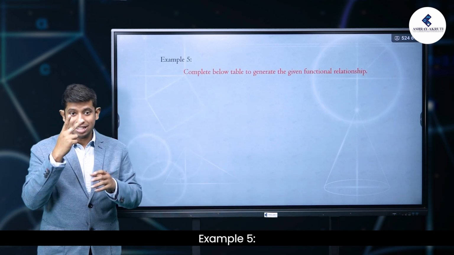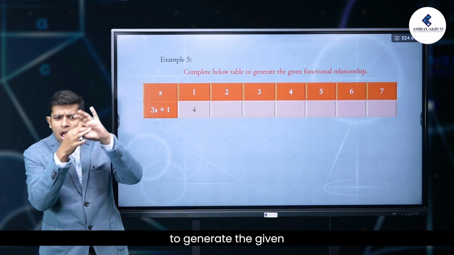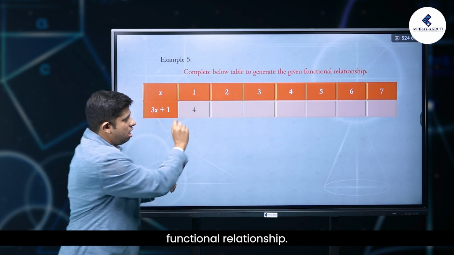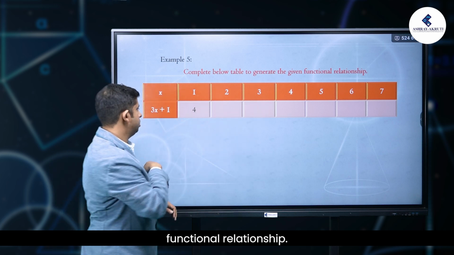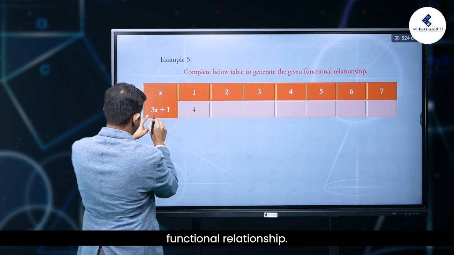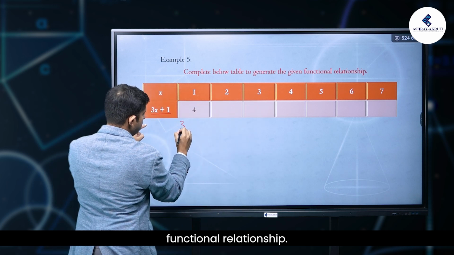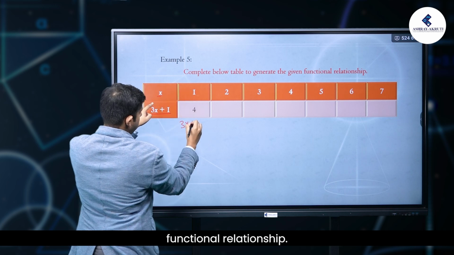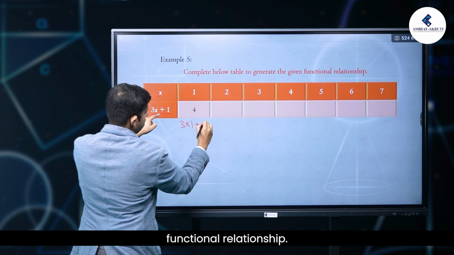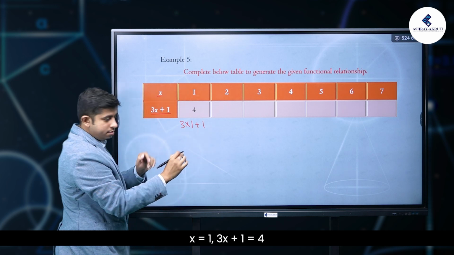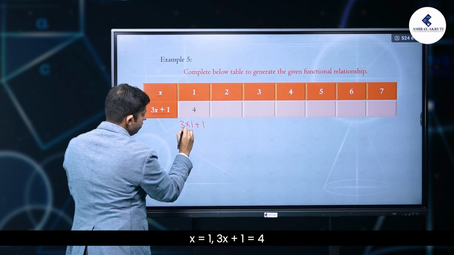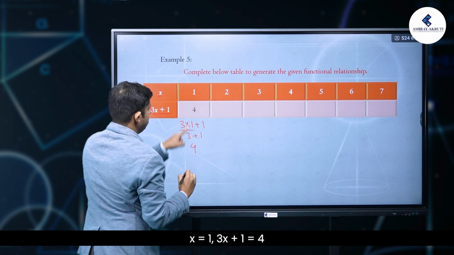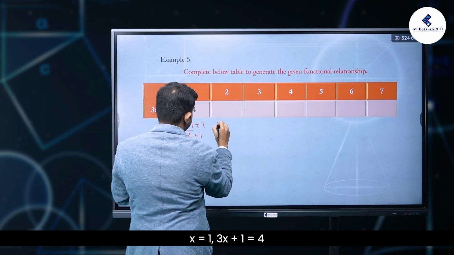Example 5. Complete the below table to generate the given functional relationship. X is equal to 1, 3x plus 1 is equal to 4.